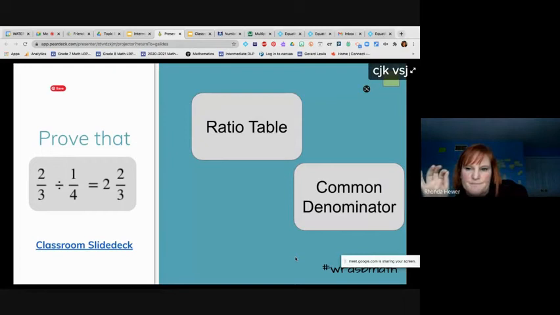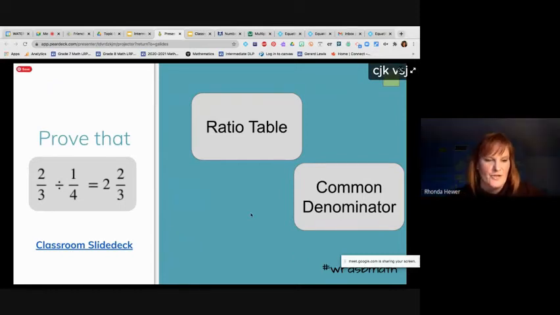Same question, on paper, whatever you want to do: how would you solve this using a ratio table or a common denominator? I'm curious if any of you even knew you could use a common denominator to do a division question, and how that might be easier for students to learn than the multiply and invert rule.